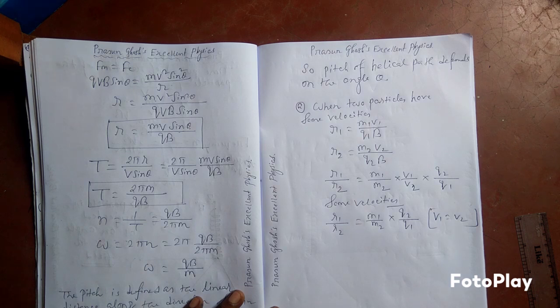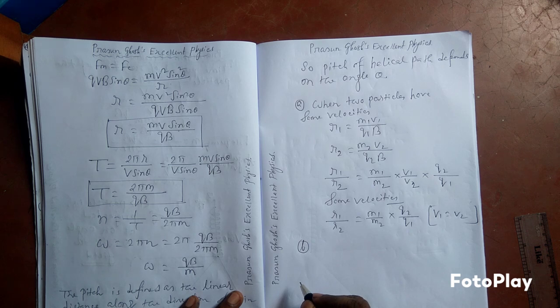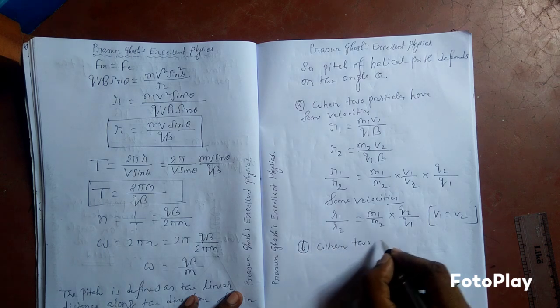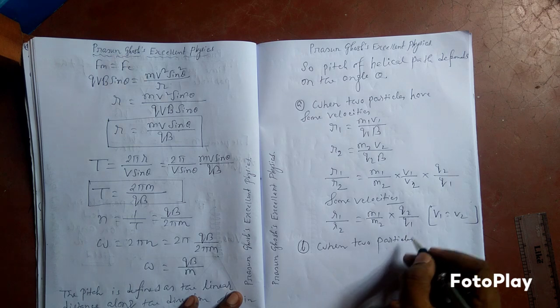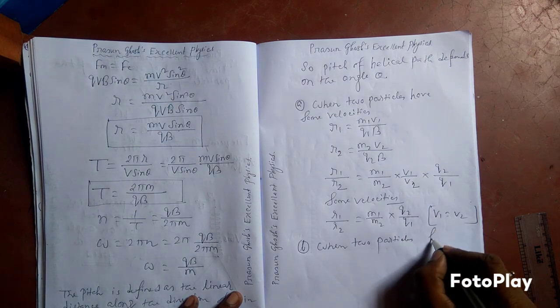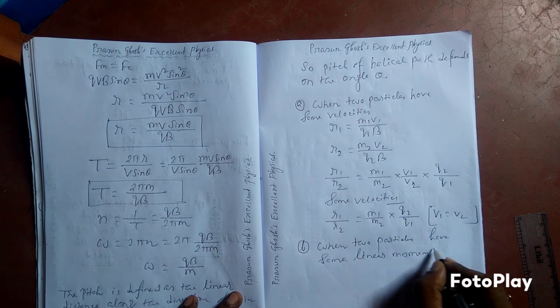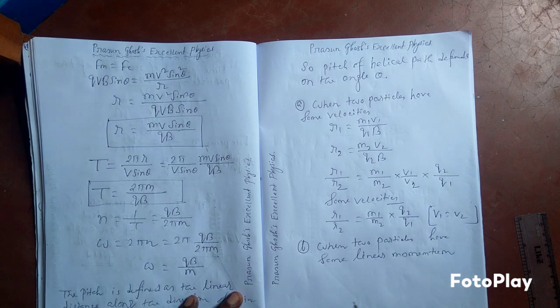Number 2 condition, same momentum. When two particles have the same linear momentum, r1 equal to p by q1 B, r2 equal to p by q2 B. Here p is linear momentum.